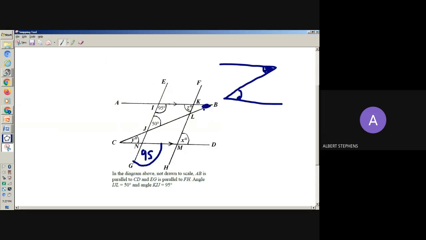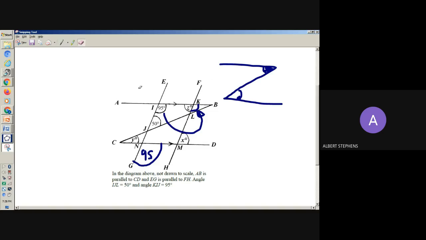I would say that this Y and this Y will be equal, but I'm talking about right here, beside the Z, opposite side of Z. What is that equal to? So would it be 95? It will be 95. It corresponds with 95 on the other side. So if this is 95, then this must also be what? 95. Y'all see that?